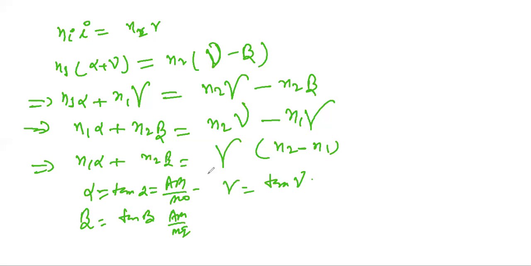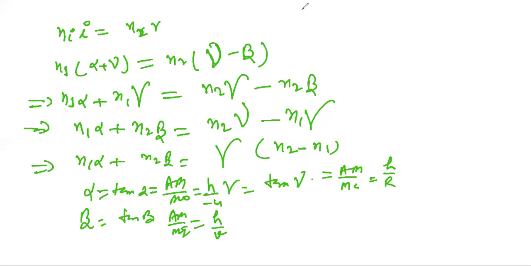So AM is equal to H, and MO is minus U, so H upon minus U. And for AM upon MI, this will become H by V. For gamma we take AM upon MC, so this is H upon R. Any problem?